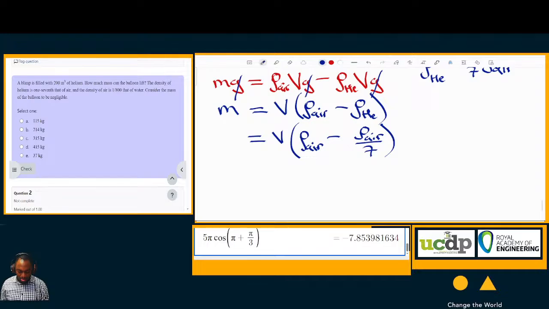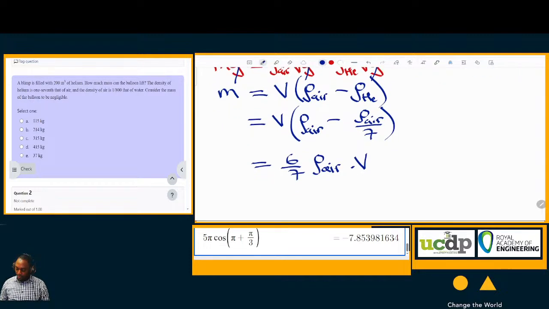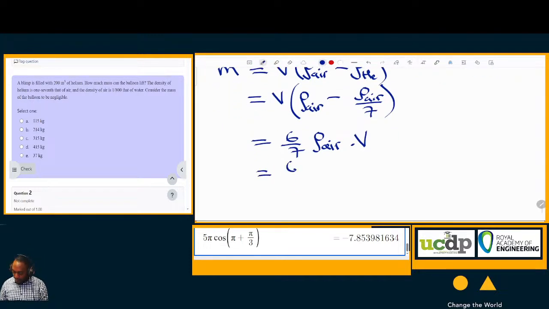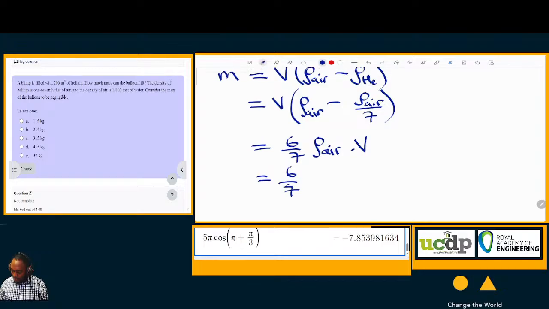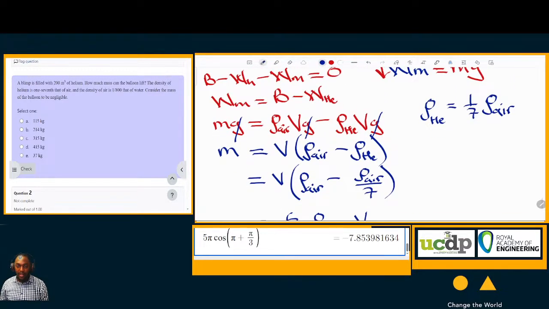Now we can substitute and simplify. 7/7 minus 1/7 should be 6/7, so 6/7 of the density of air, multiplied by your volume. That will be 6/7 multiplied by the density of air, which is 1/8 that of water.